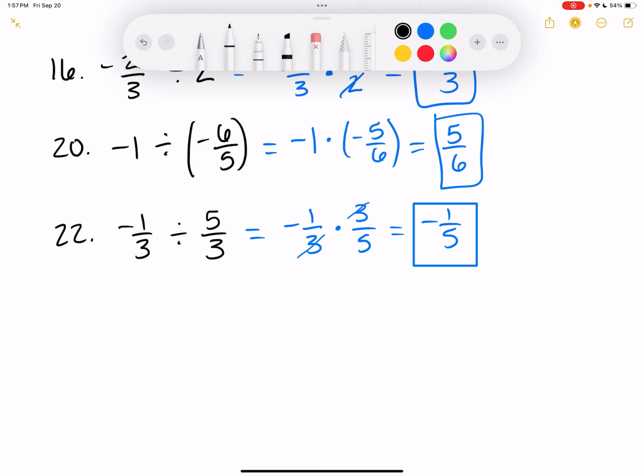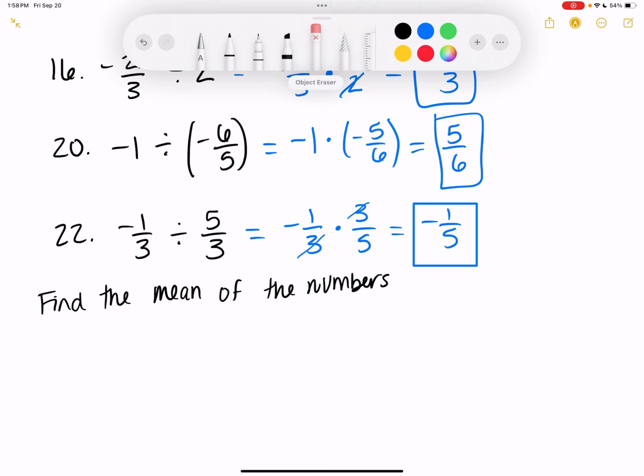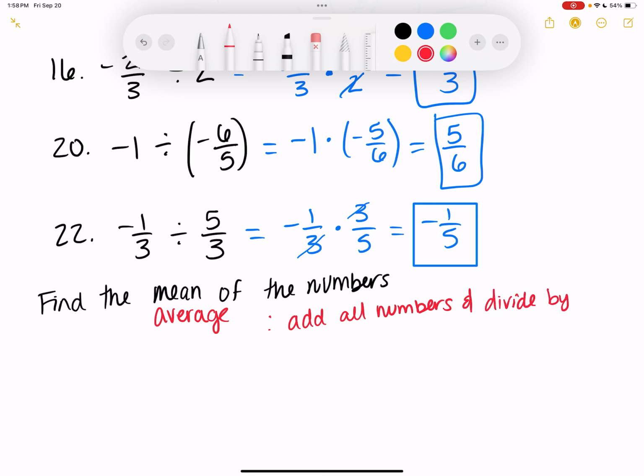Okay, the next thing says to find the mean of the numbers. Does anybody know what that means? Find the average. The average, good. Add them all up and divide. So we add all the numbers, and then you divide by the number of numbers.